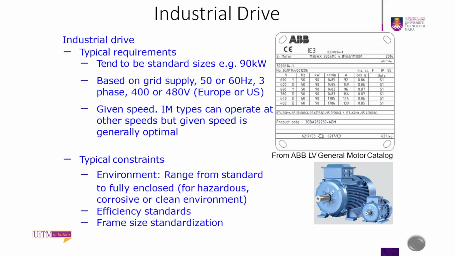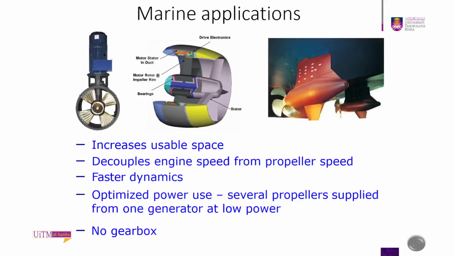So normally it will be specified what the given speed is for your motor. Right, typical constraints for industrial drives: environment ranging from standard to fully enclosed for hazardous, corrosive, and clean environments, efficiency standards, and frame size standardization. These are the only constraints of the industrial drive.